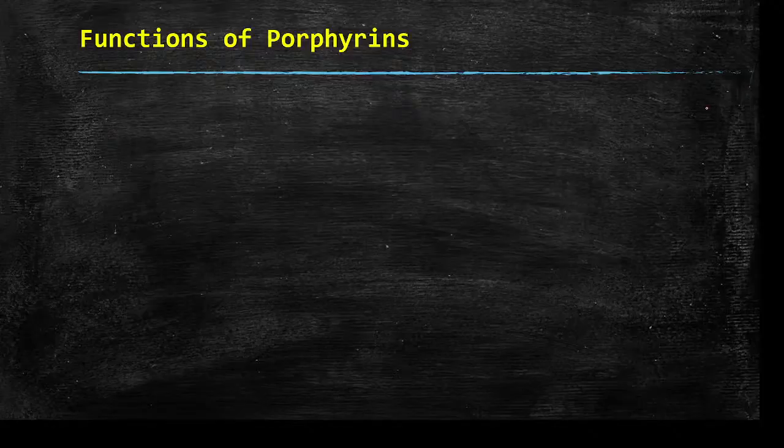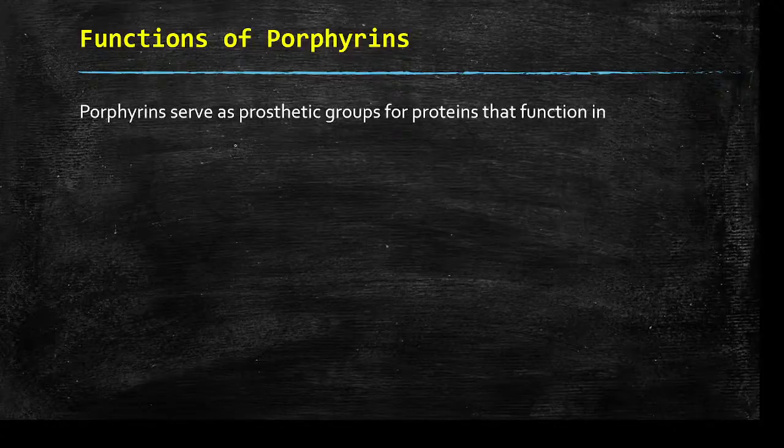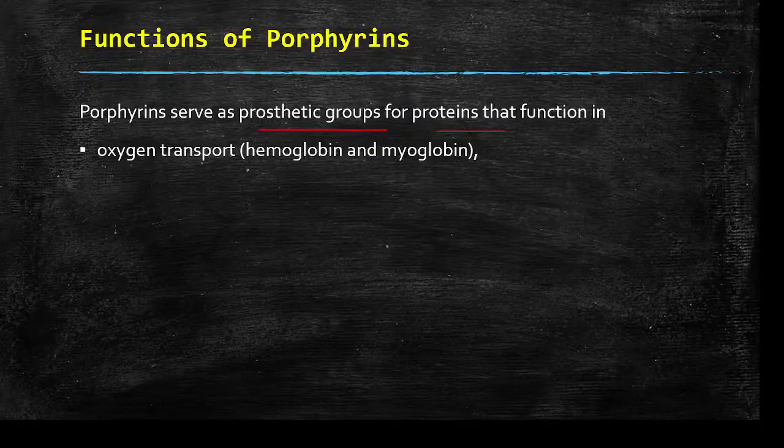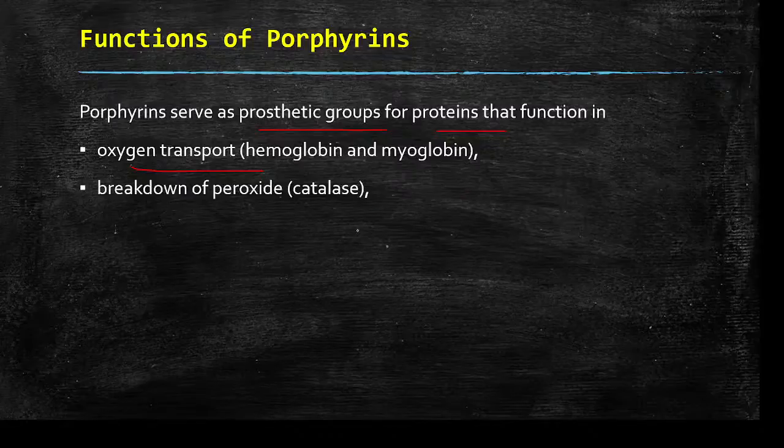What are the functions of porphyrins? Porphyrins serve as prosthetic groups, that is non-protein part for proteins. So they are prosthetic groups of protein structure. These are the prosthetic groups of hemoglobin and myoglobin, which perform oxygen transport functions, breakdown of peroxidase.